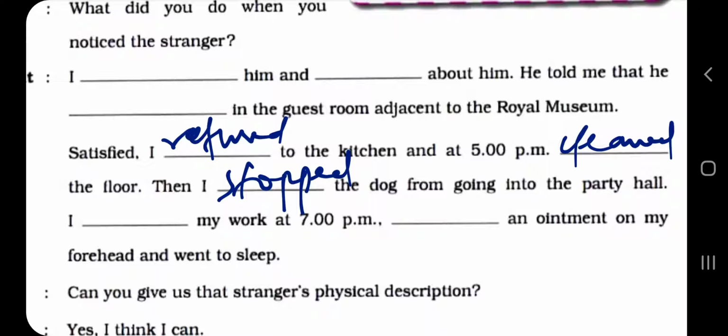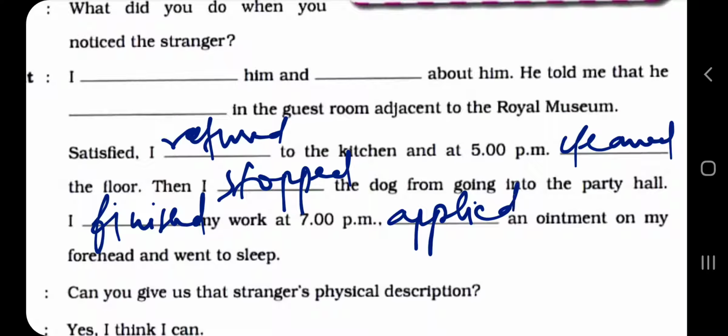I finished my work at 7 p.m. Applies, it is written applies, so we have to write past tense, applied. And ointment, ointment means malham, on my forehead and went to sleep.